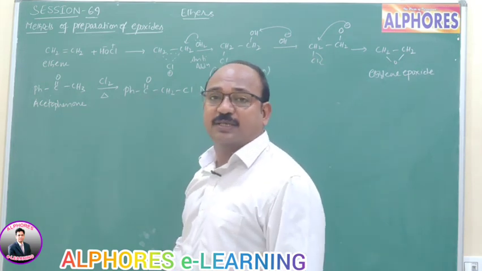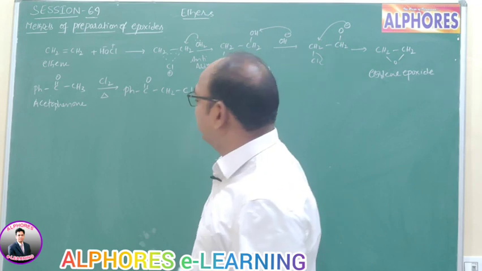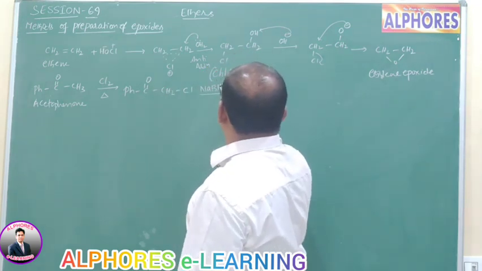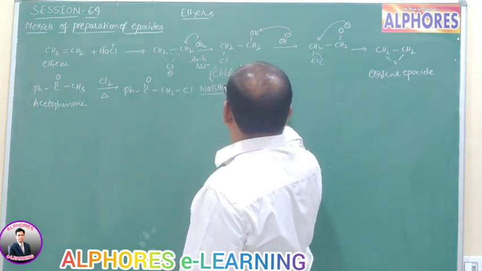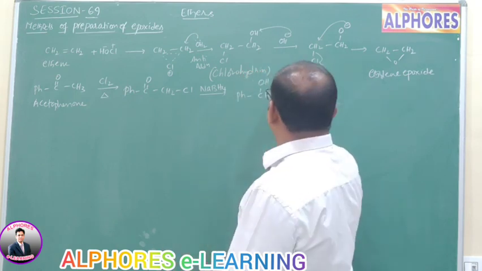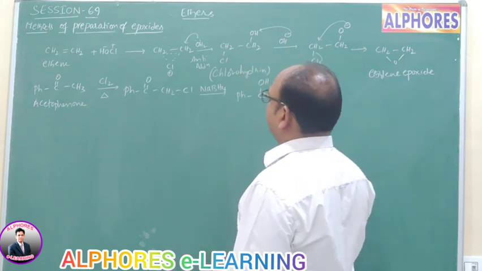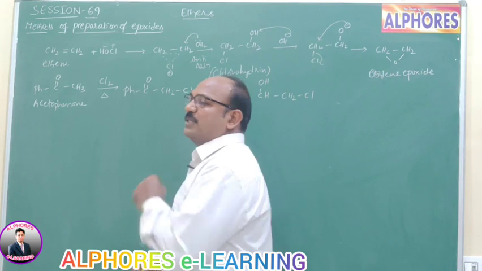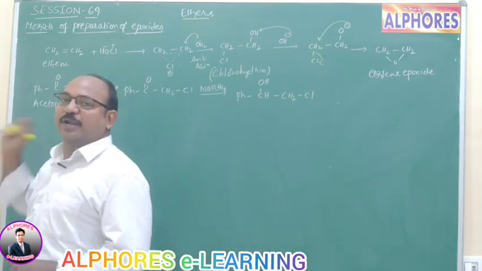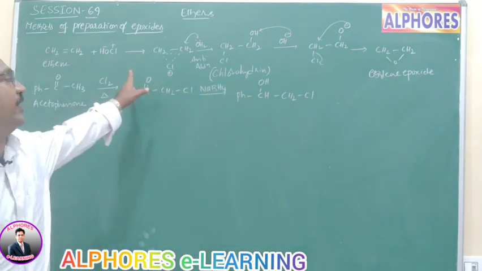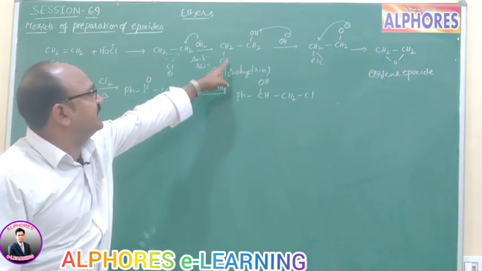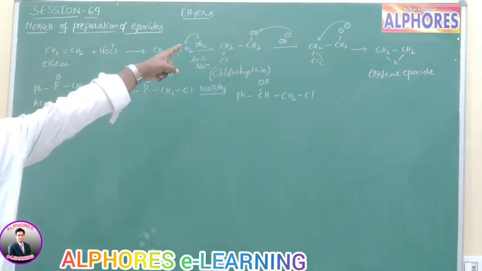NaBH4 reduces the C double bond O group and converts it into CHOH, then CH2Cl. If you observe this compound, it looks like a halohydrin. So the halohydrin consists of CH2Cl and CH2OH.